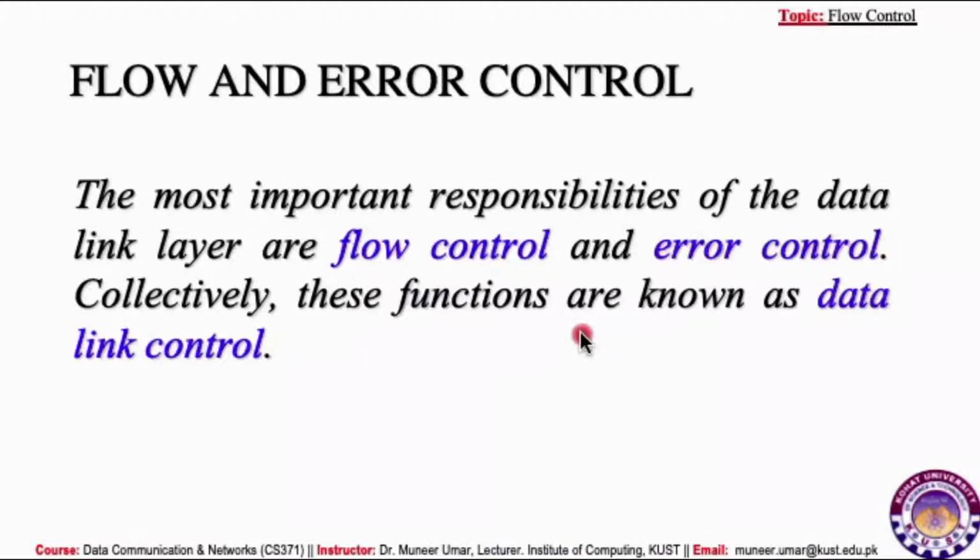In the data link layer, there is a sublayer known as data link control or DLC, which deals with procedures for communication between two adjacent nodes, or node to node communication. The most important function of this sublayer is flow control and error control. It includes framing, flow, and error control.